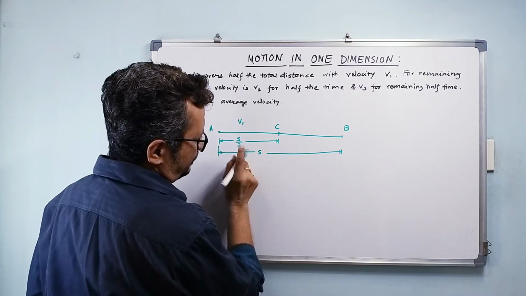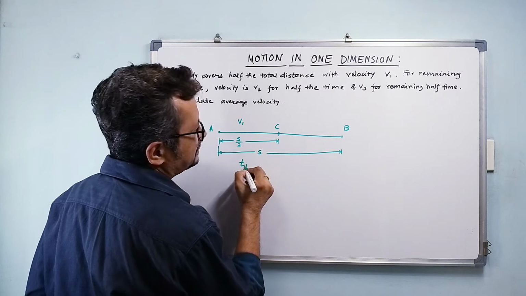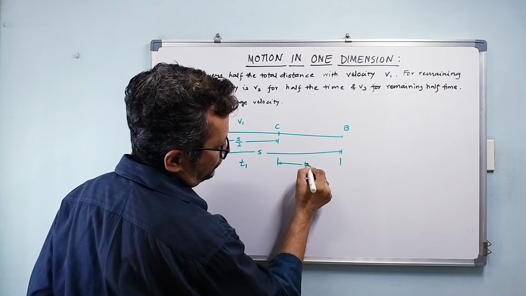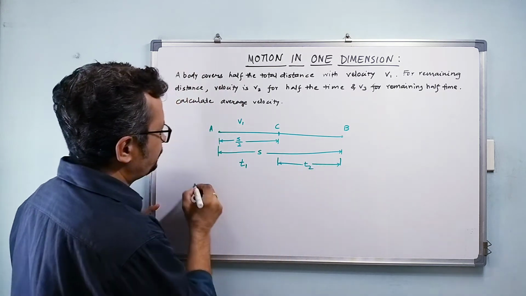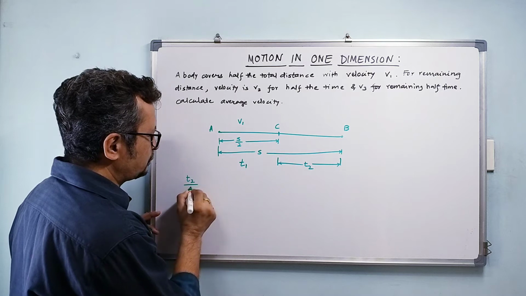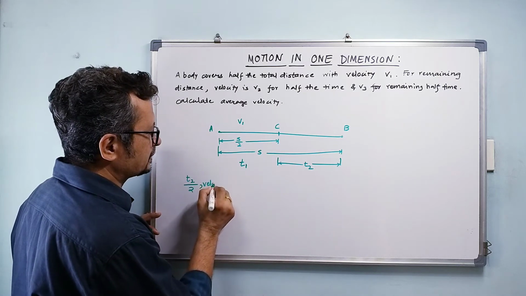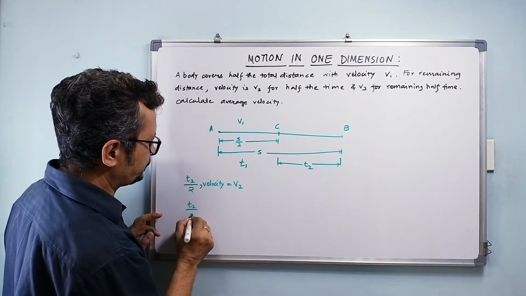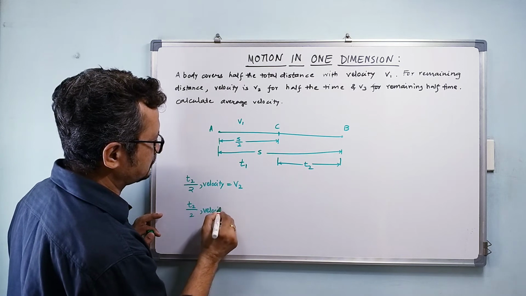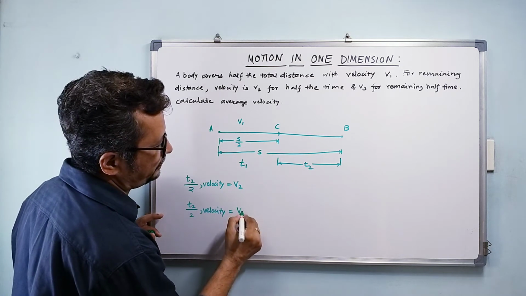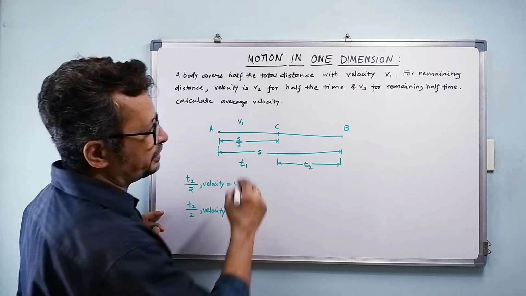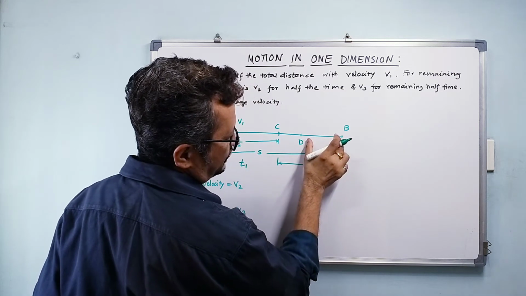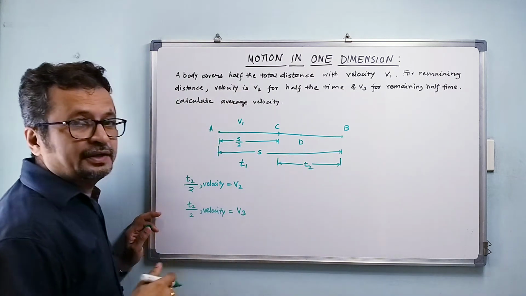So if from A to C my time is t1, then from C to B it is going to take time t2, and for t2 by 2 time interval my velocity is equal to v2 and for the remaining t2 by 2 it is equal to v3, right? So maybe I'll reach somewhere here D and from D to B, that is my final.